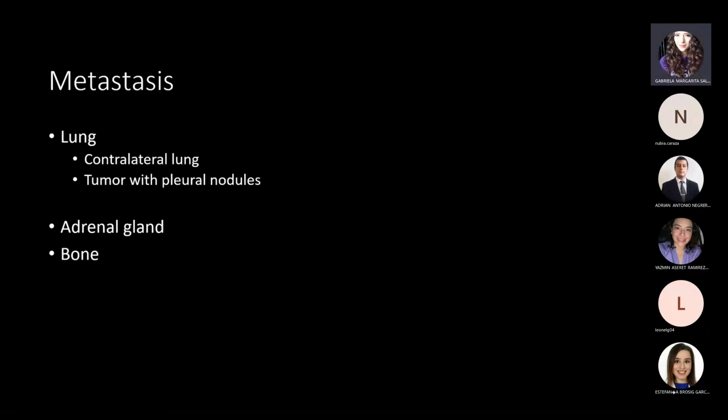In this case, the interesting part was the site of the metastatic disease. The most common site is the lung, the contralateral lung, or tumor with pleural nodules. We also see the adrenal gland or the bone. So it's very important that in patients with a lung mass, we check these areas.